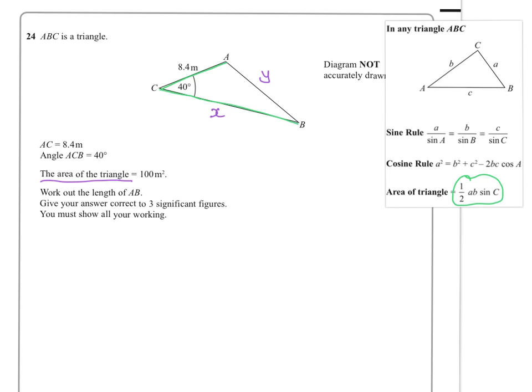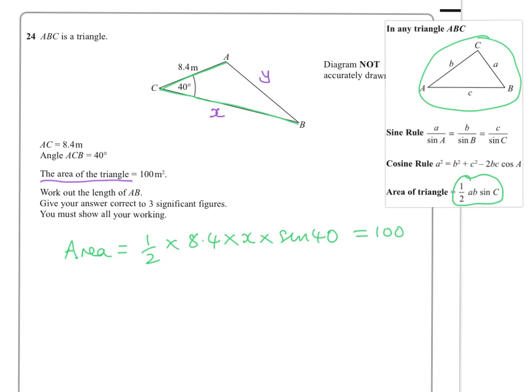The way I try and remember it is, I just look at the two arms that make the angle, and I say, right, the area is going to be a half times those two arms, so 8.4 times x, times sine of the angle that they make. So that's the area, and we know that's 100.